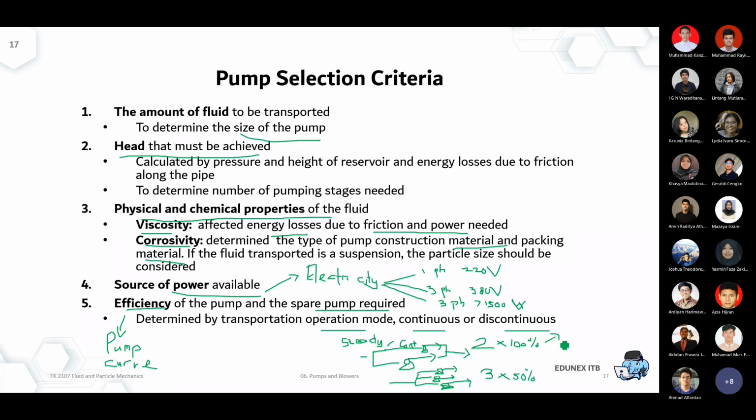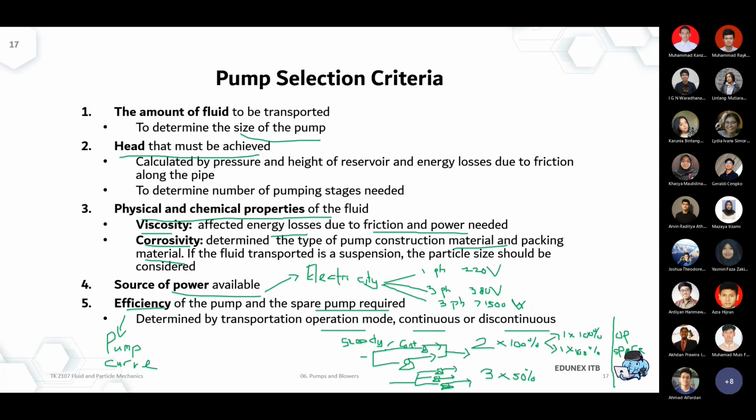This means you have one pump at 100% capacity in operation, and then you have 1 times 100% as a spare. So when pump A breaks down, pump B will act as a spare. That's a common configuration for a continuous or steady state operation.